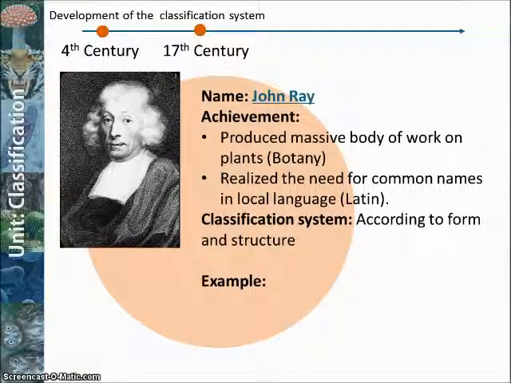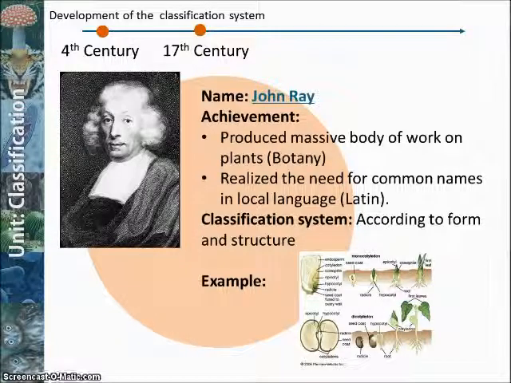As many scientists around the world categorized in different languages, he wanted to fix that by using common names in local tongues. It was Ray who proposed naming species in Latin. He also developed a general scheme for plant classification, which was based on overall form and structure. He classified plants as having either narrow leaves or wide leaves, also known as monocots and dicots.